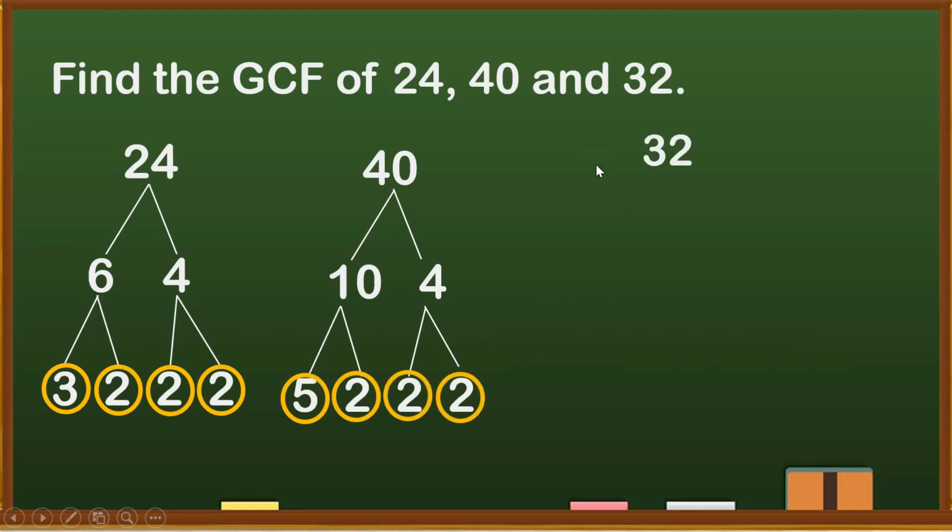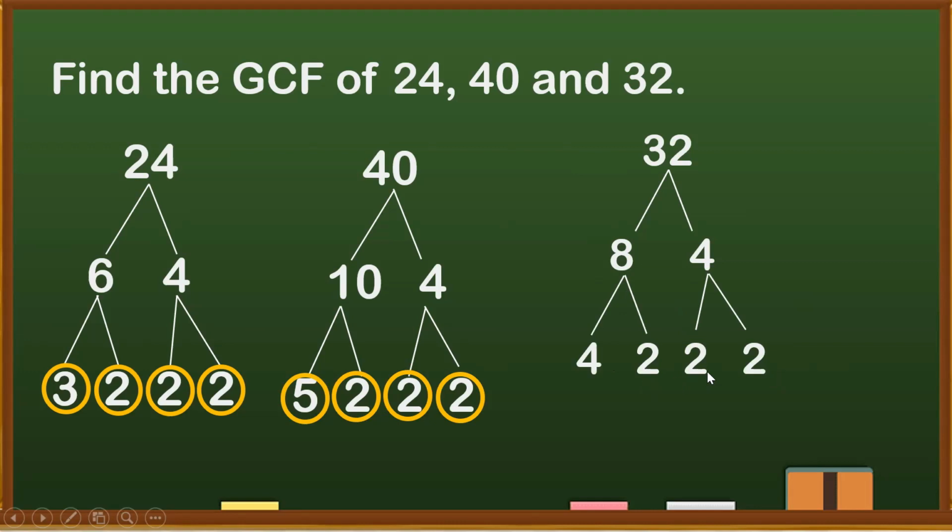And then, let's proceed to 32. Let us factor 32. Okay, let's use 8 times 4. So, 8 times 4 are both composite numbers, so ipa-factor ulit natin siya hanggang sa maging prime number. So, si 8, let us factor it to 4 times 2. And then si 4, 2 times 2.